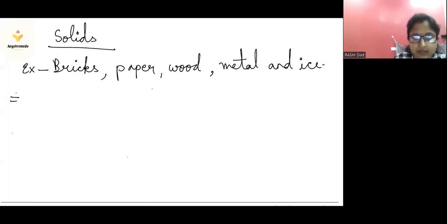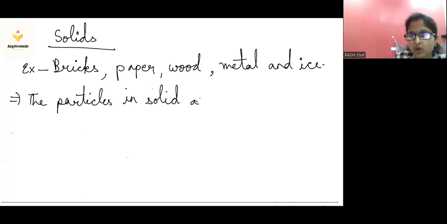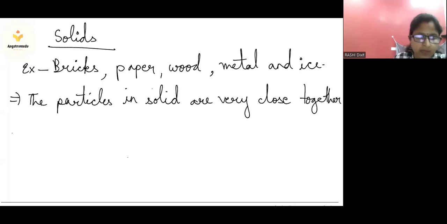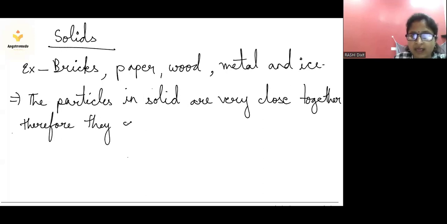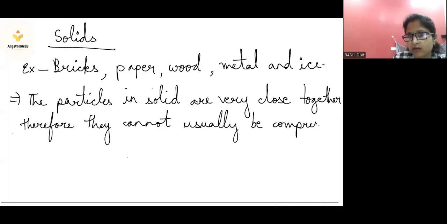Now the particles in a solid are very close together. Therefore, they cannot usually be compressed or squashed. As I had already shown you, the arrangement of particles in a solid is very close together.